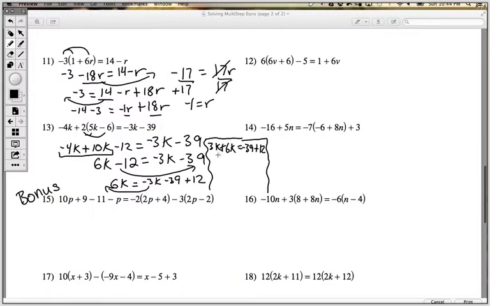And then combining both sides, you would get 9k on the left and on the right a difference of 39 and 12, so that would give us negative 27. And then if you divide both sides by 9, it looks like this will go in pretty evenly. Because we have 9 over 9, that just leaves us with k on the left. And on the right side, it's going to be k equals negative 3.